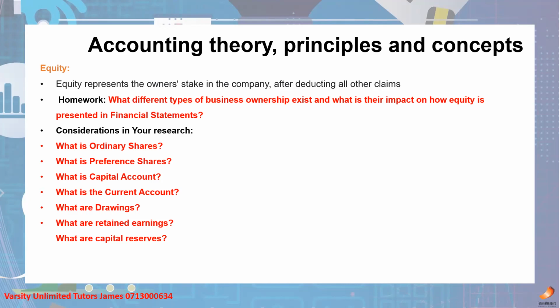But equity now, equity is what the owner has invested in the company or what the owner has gained in the company. So it represents the stake of the owner of the business. Sometimes we say after deducting all other claims, i.e. after removing liabilities. Right.